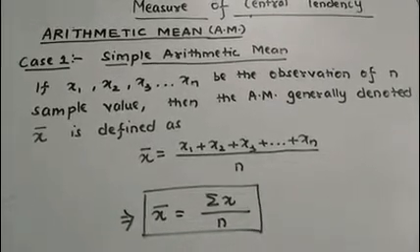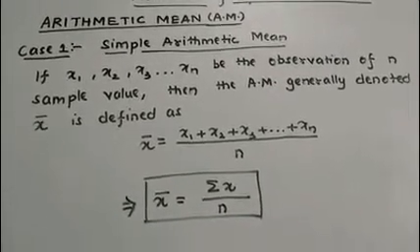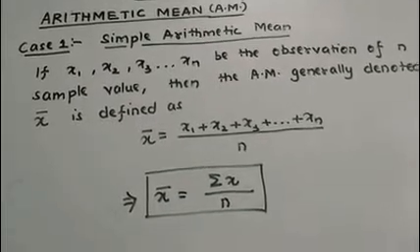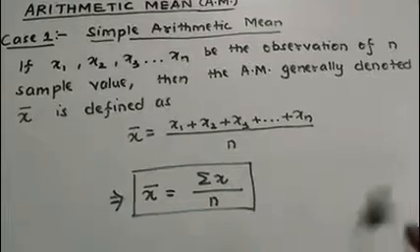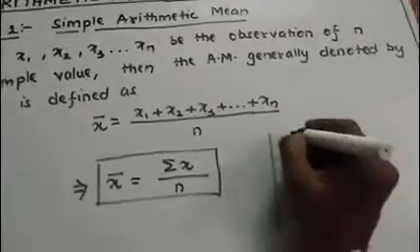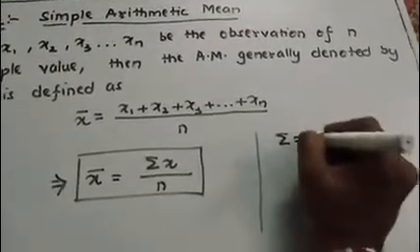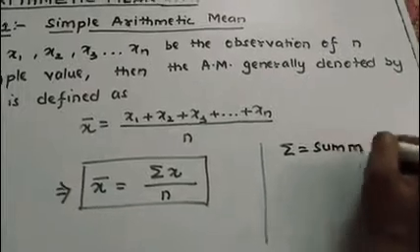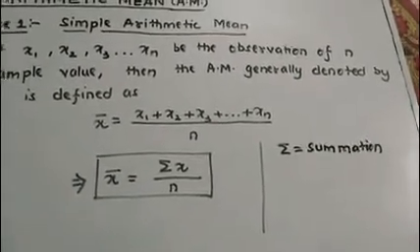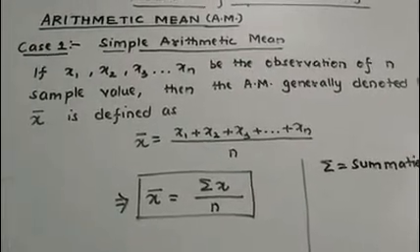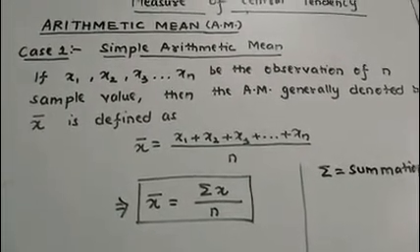Here the number of observations is small n. Or we can write it this way also: x bar equals summation over x, where this notation is pronounced as summation, of x divided by n. So this is the formula for the simple arithmetic mean.